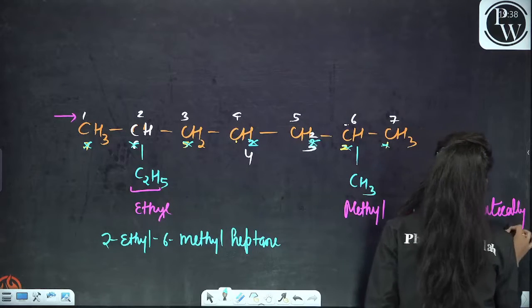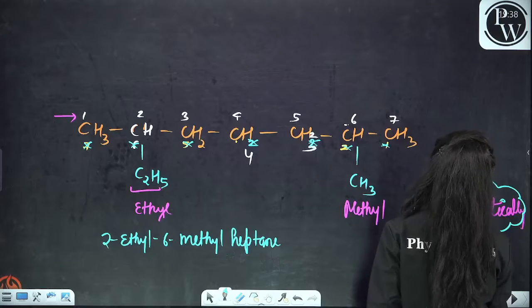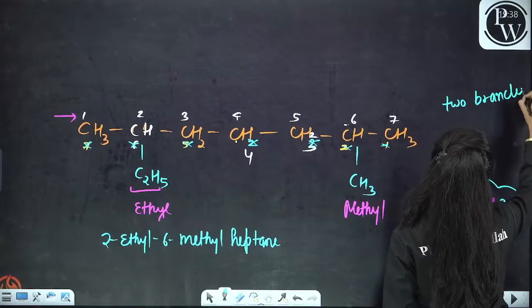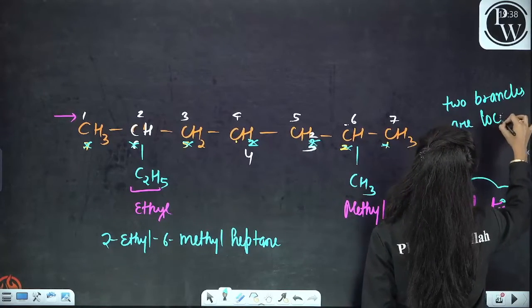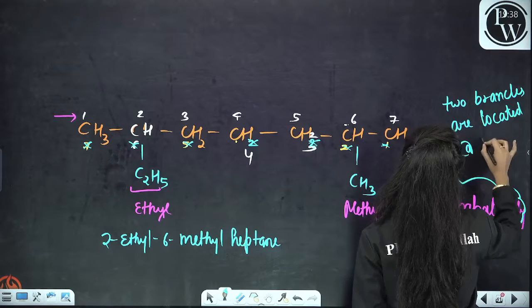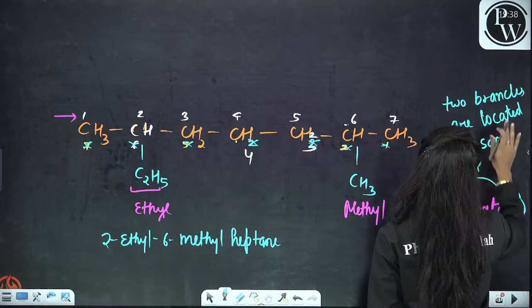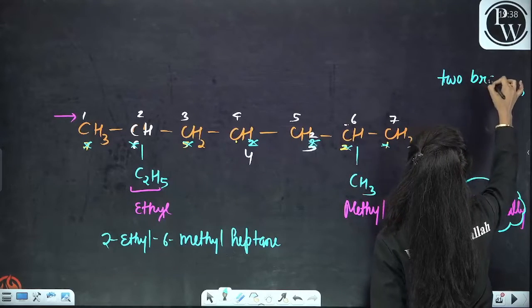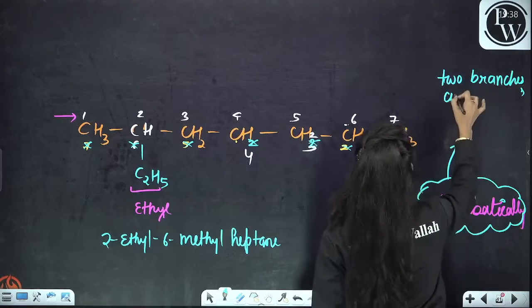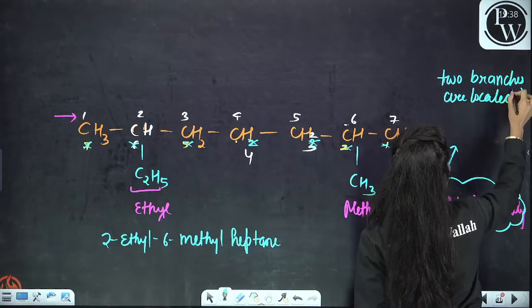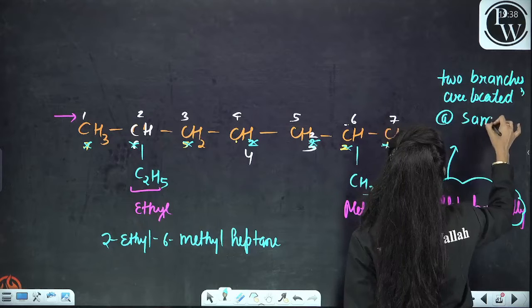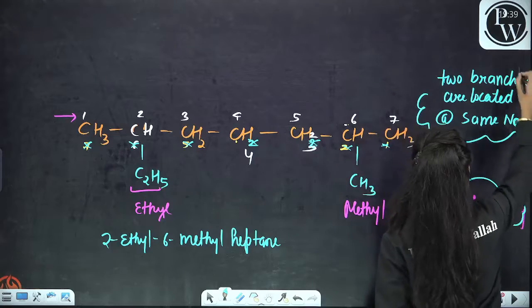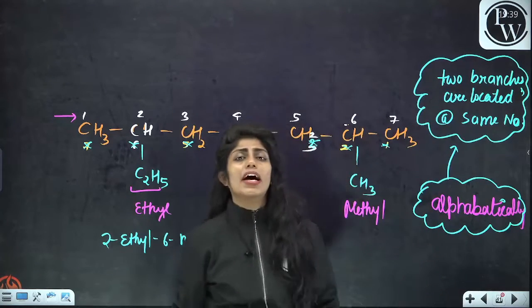Alphabetically, when two branches are located at the same number when counted from both the sides, you have to check it by alphabetic order.